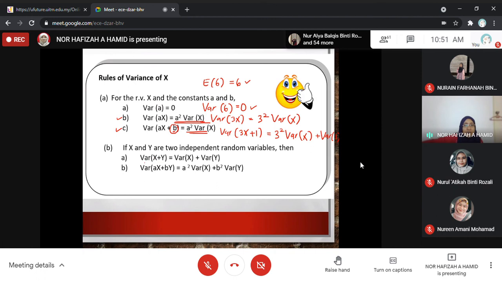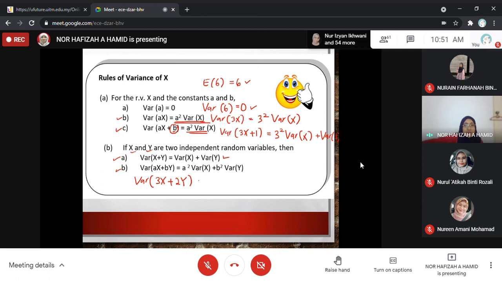Okay, so kalau formula number 4, when the random variables involve two variables, kita ada X and Y. So you separatekan je lah nak calculate variance dia. Or you have yang last formula ni, for example kita ada variance 3X plus 2Y.